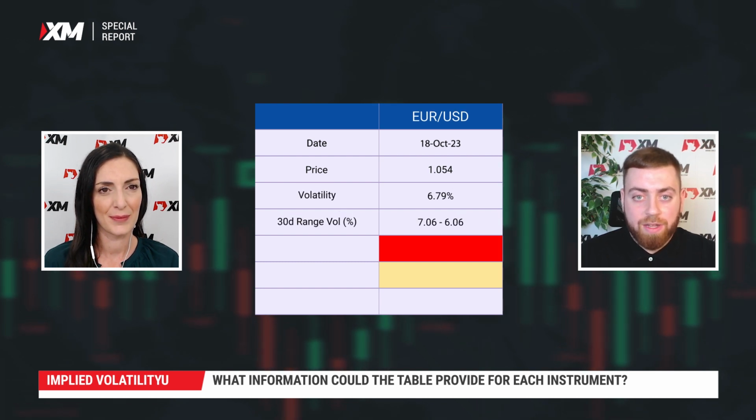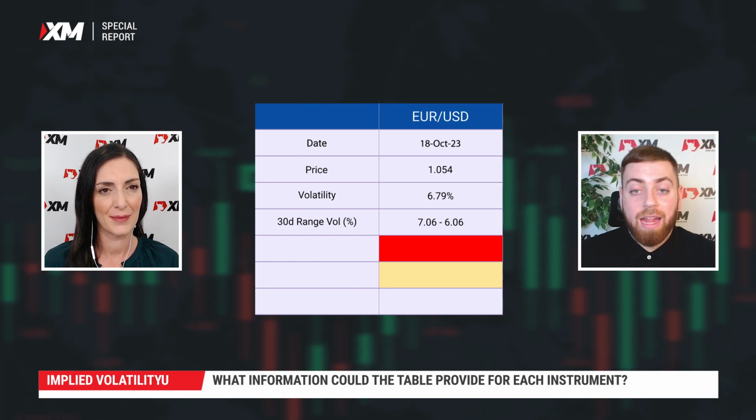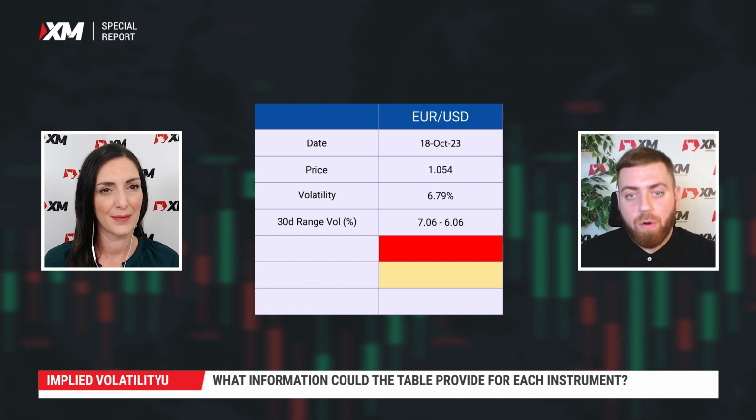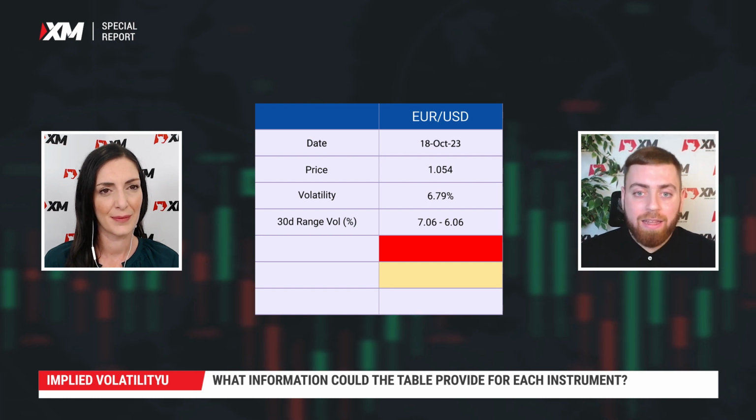Then, for each instrument, we provide the level of its implied volatility and the upper and lower boundaries of its 30-day range. In this way, the reader can easily understand whether on that particular day the instrument is considered hot or quiet relative to what it has been doing in the past month.